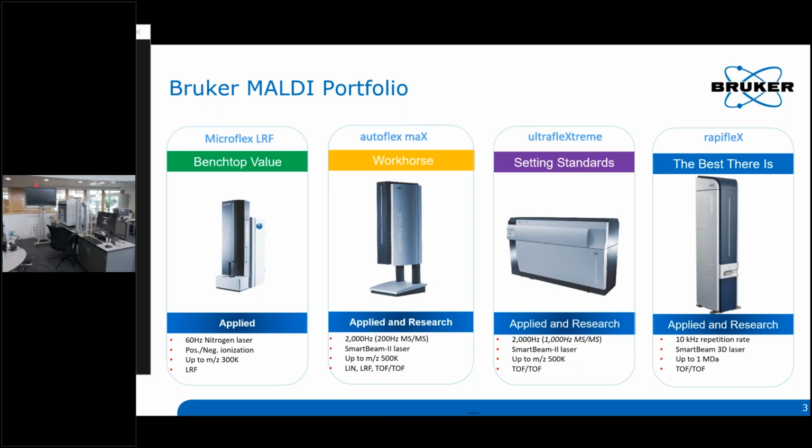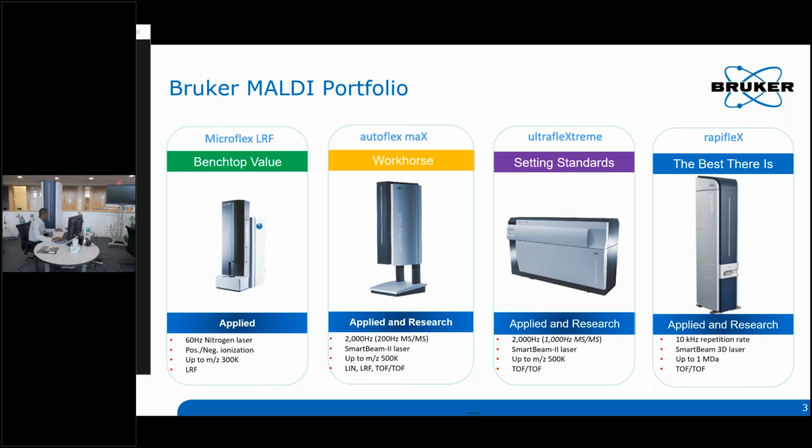Let's come back to the presentation. We have 3 levels of instrumentation basically when it comes to MALDI TOF, and your instrument choice will depend on what kind of application you would be using it for.